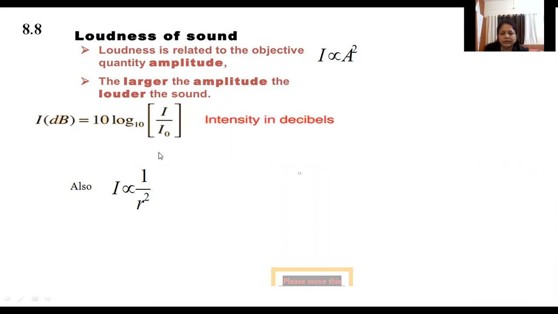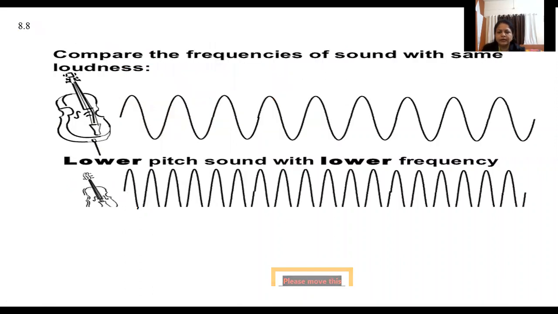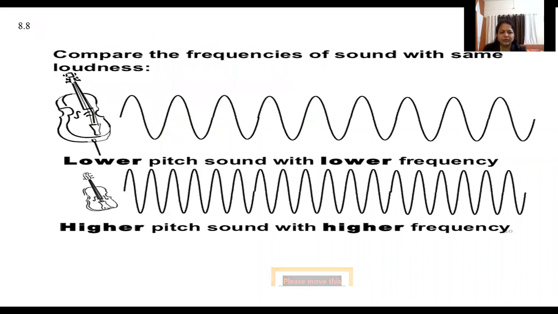It does not mean that if the intensity is doubled, the loudness is also doubled. That we cannot say, because it is a logarithmic change. And also I is inversely proportional to r square, that is the distance from the source of the sound.